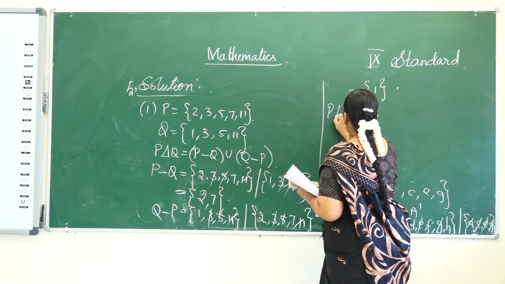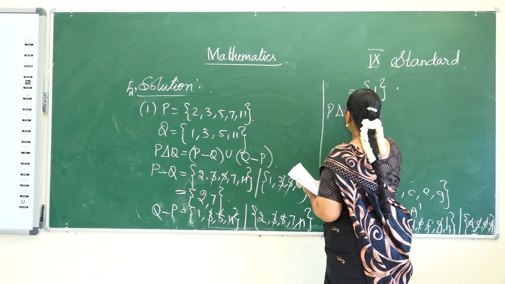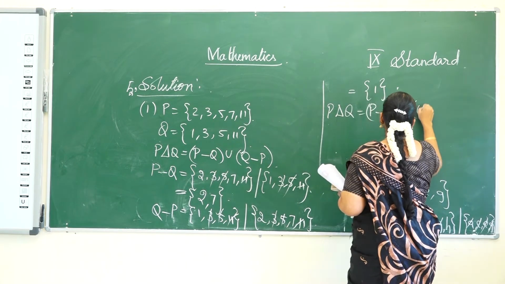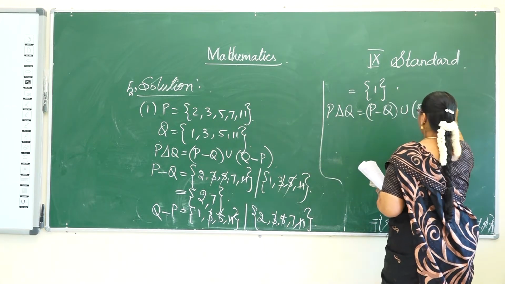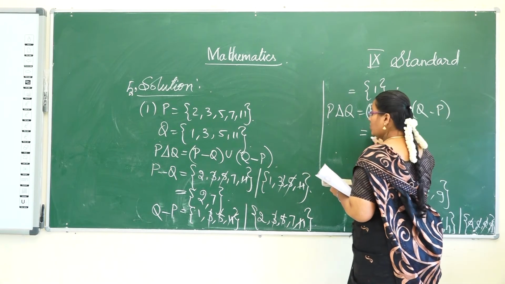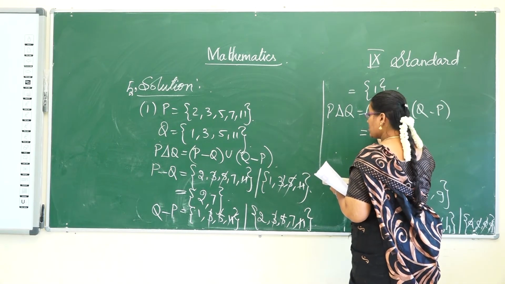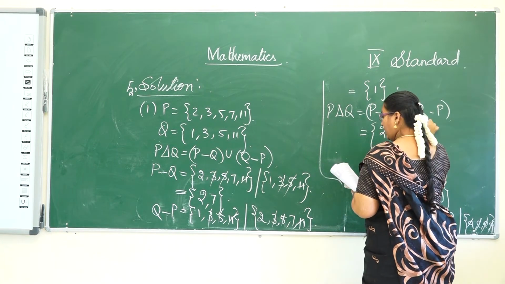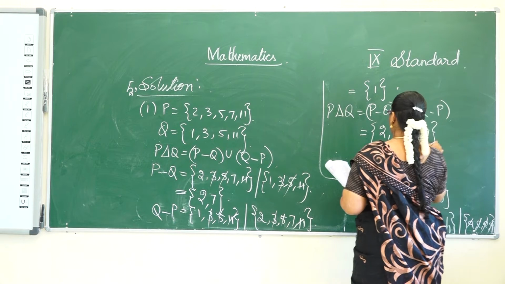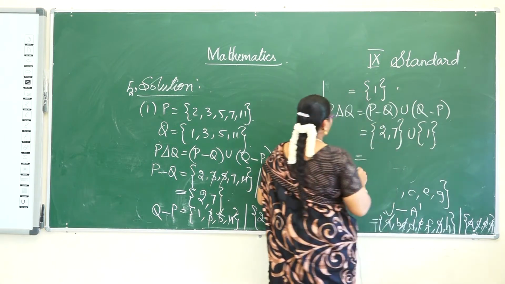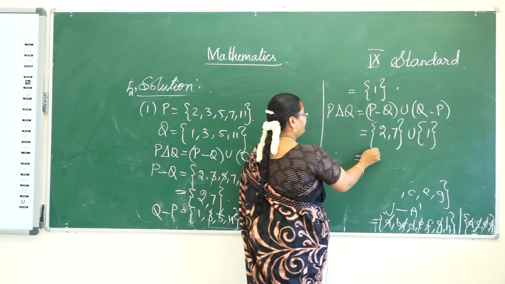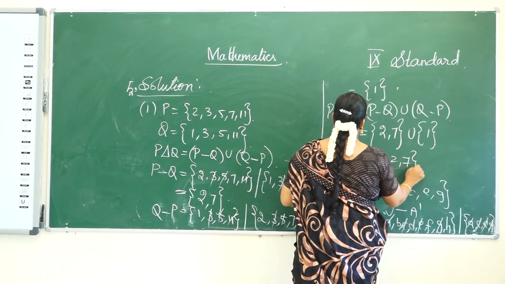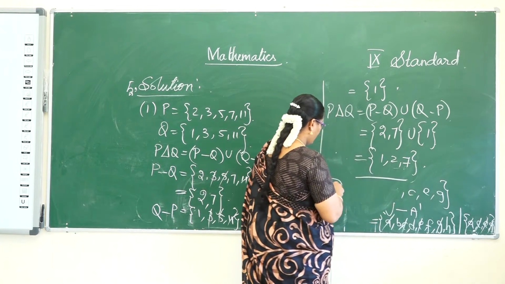Now P symmetric difference Q is equal to P difference Q union Q difference P, which is 2, 7 union 1. So the symmetric difference of P and Q is the elements 1, 2, 7. That's it. Okay.